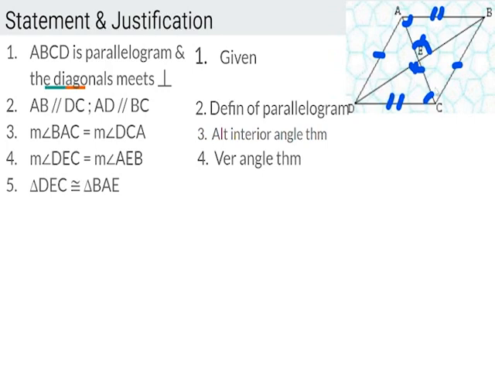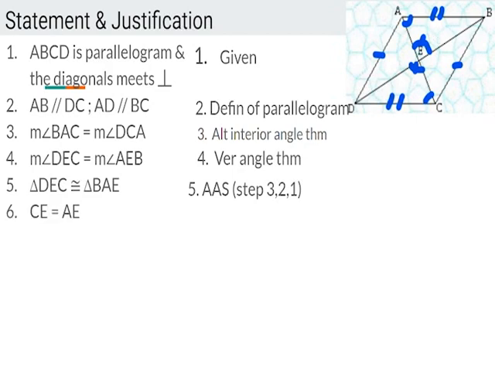The reason is the angle-side-angle postulate, based on steps 4, 3, and 2. We have our vertical angles equal to each other, the alternate interior angles are also equal, as well as our two sides are equal to each other, because of the definition of parallelogram. So it makes sense.